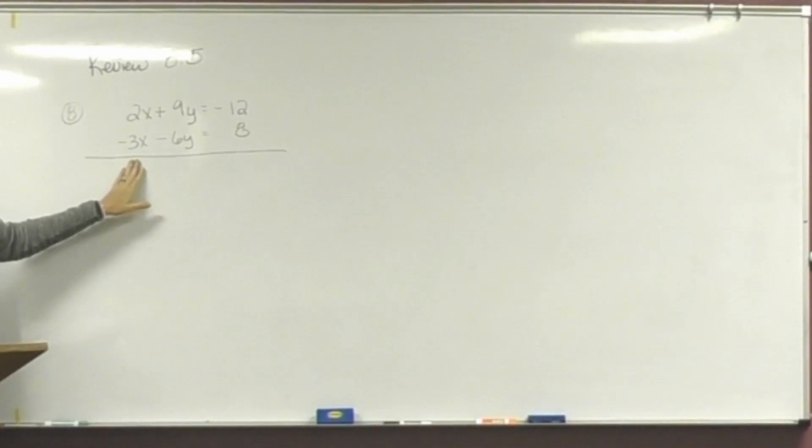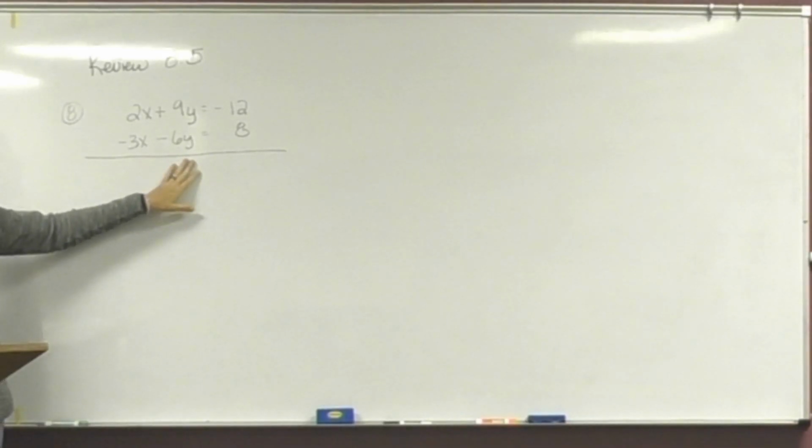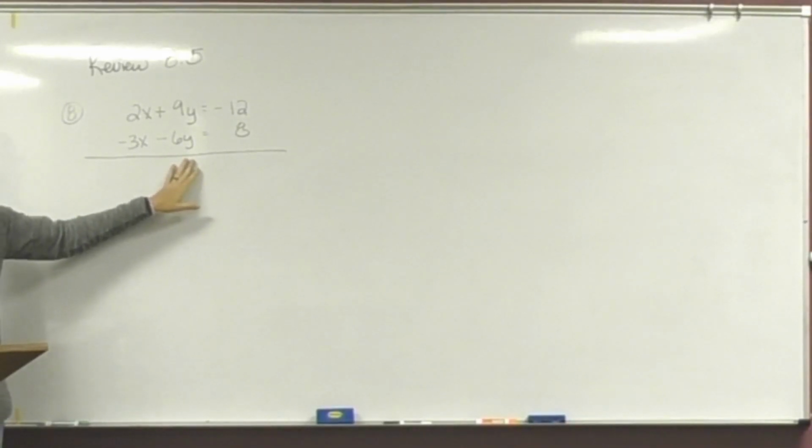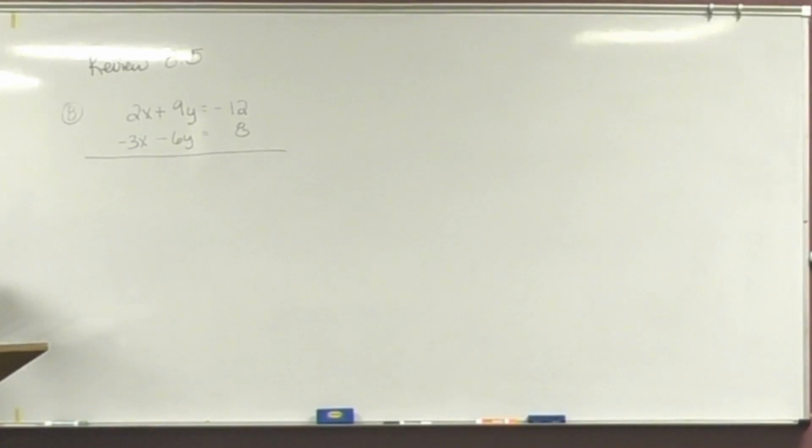So that doesn't disappear. If I were to combine these, I'd end up with 3 y's. That doesn't help, okay? So your strategy would be, if you can find either an x or y that already has opposite signs, go with that. Okay, that's one less thing that you have to do.